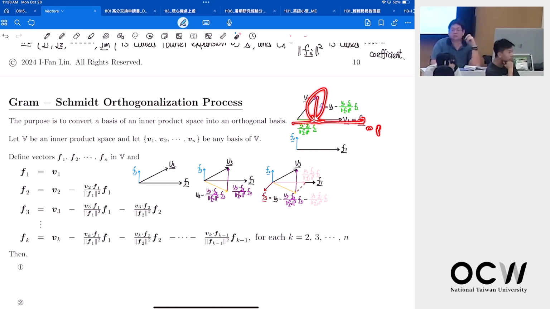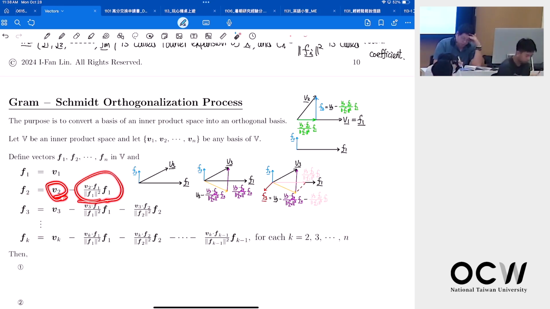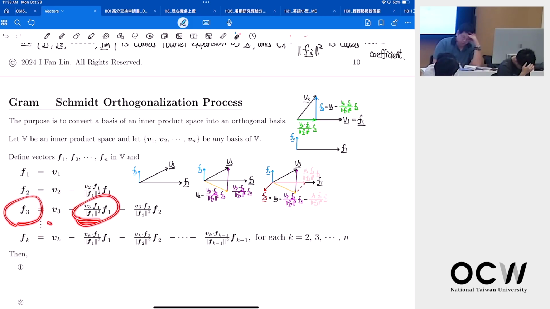So first, choose one vector. The second one, remove the part in the previous vector's direction. And the third one, remove the portion from the previous two vectors, up to the kth one.